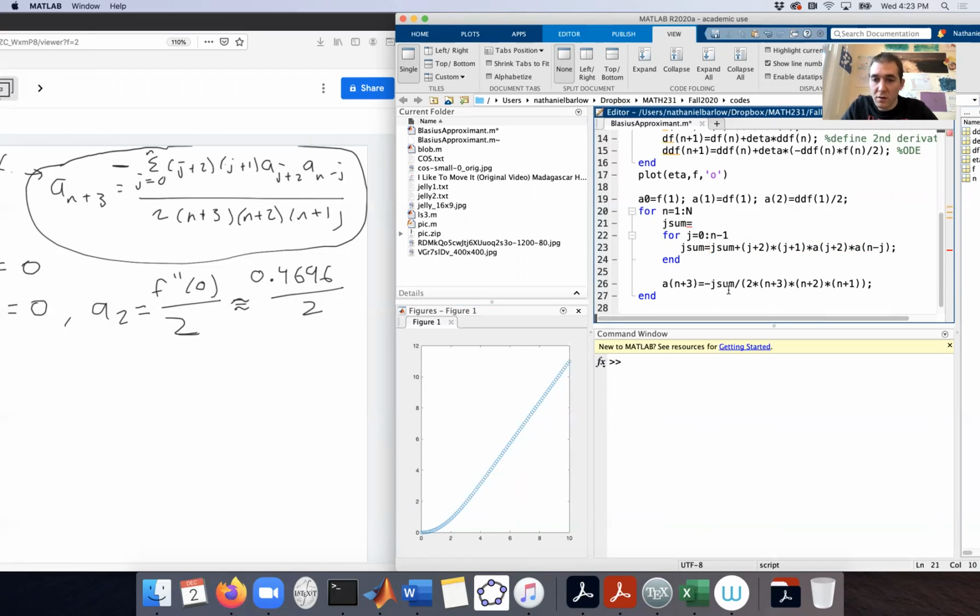We're going to include the nth term up here. That's how we're going to start it out. Usually you'd make J sum at the beginning be 0, but we're going to use the nth term. So evaluating J at J equals n, this becomes n plus 2 times n plus 1 times A of n plus 2 times, well, when J equals n, that's going to be A sub 0, right? Okay.